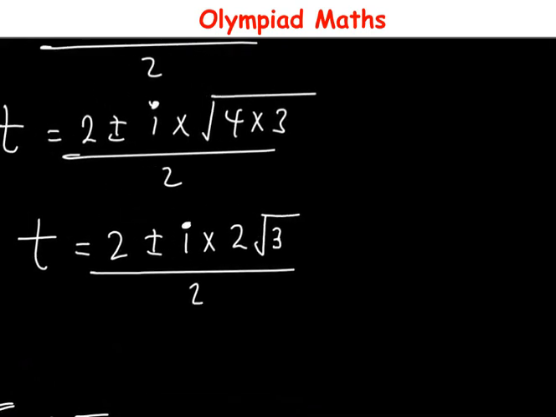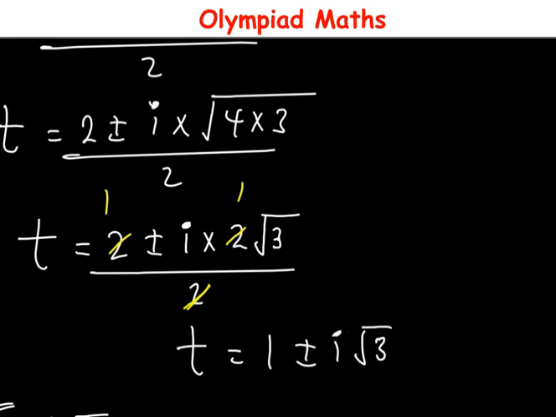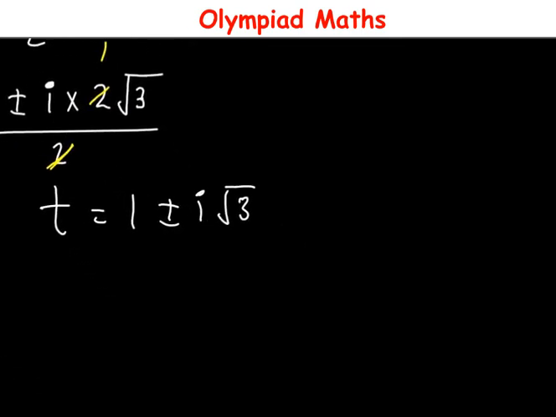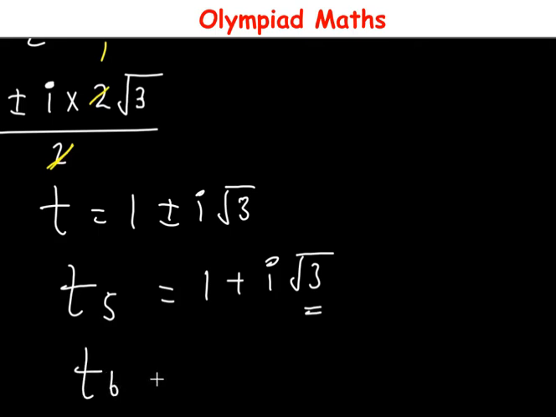So with this, 2 will divide 2, we have 1, 2 will also divide 2, we have 1, such that the value of t is then equal to 1 plus or minus i times root 3. So from here, the fifth solution for t is equal to 1 plus i times root 3, while the sixth solution for t is equal to 1 minus i times root 3.